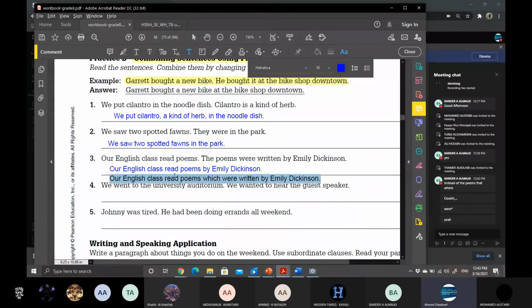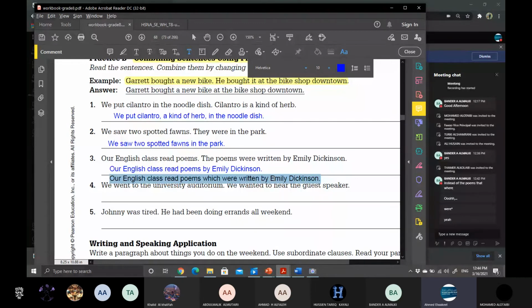But here, this sentence now will become what? What type of sentence is this? Our English class read poems which were written by Emily Dickinson. Simple, compound, complex, or compound-complex? To know the type of the sentence, first see how many clauses the sentence has. And after knowing the types of clauses, know whether they are independent or dependent, and then decide.